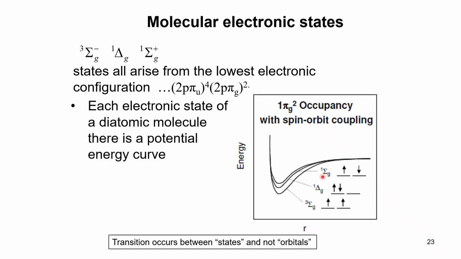When we talk about electronic transitions, it actually involves transitions from one state to another state and not between orbitals. So for the change of state, in this molecular term symbol, the electrons are arranged in this manner in the molecular orbitals. Upon excitation by the light source, the molecule changes from one potential energy curve to another potential energy curve.